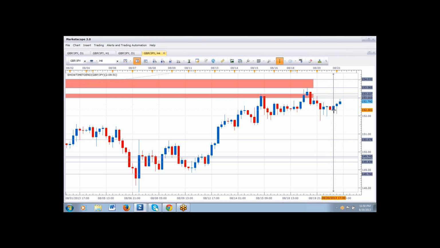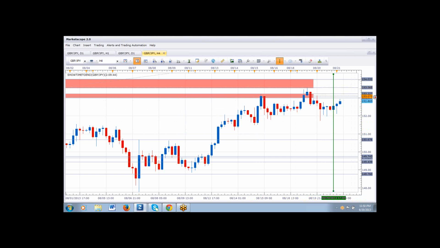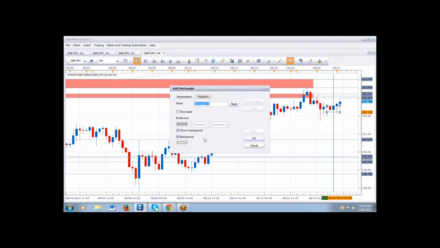It's 21, so 1700. This is where price started. Price is at a level of demand or supply.